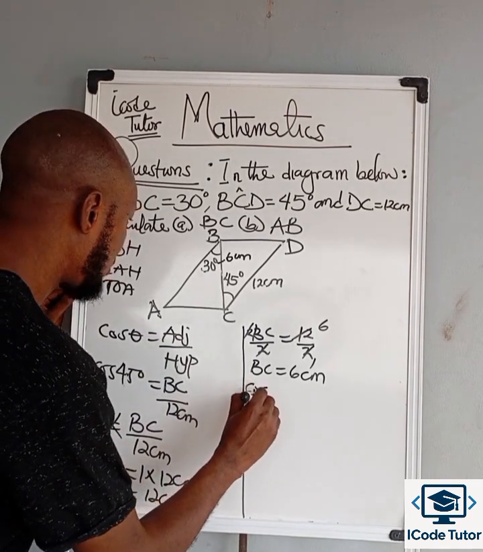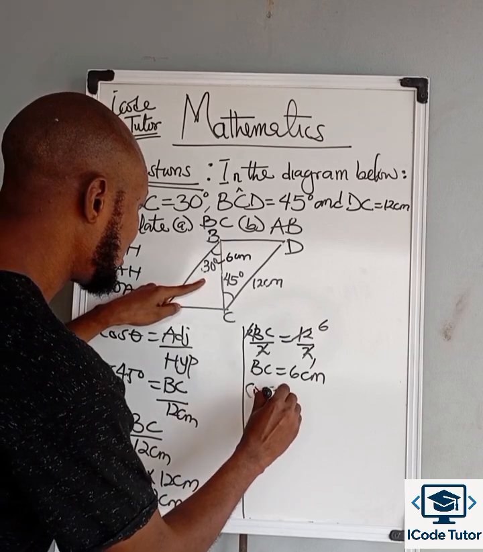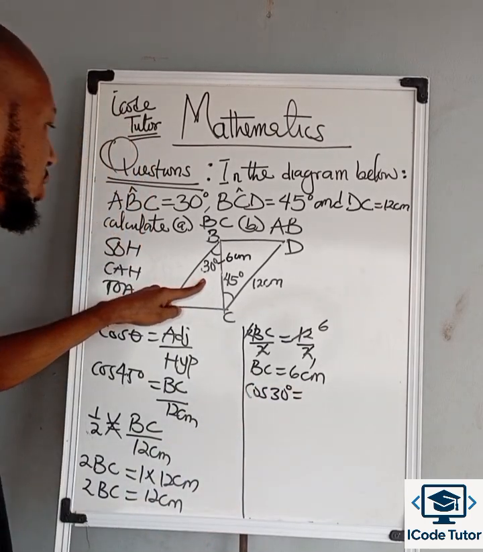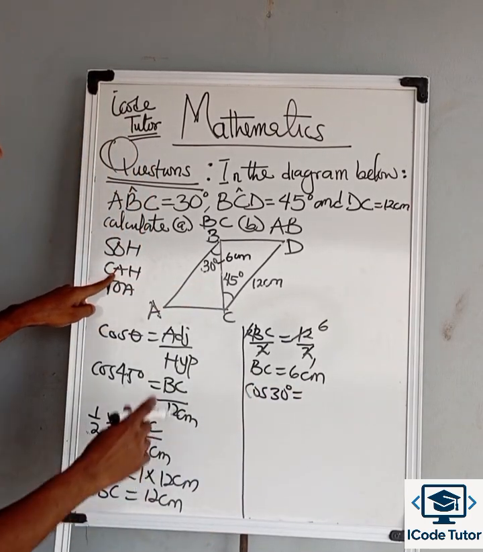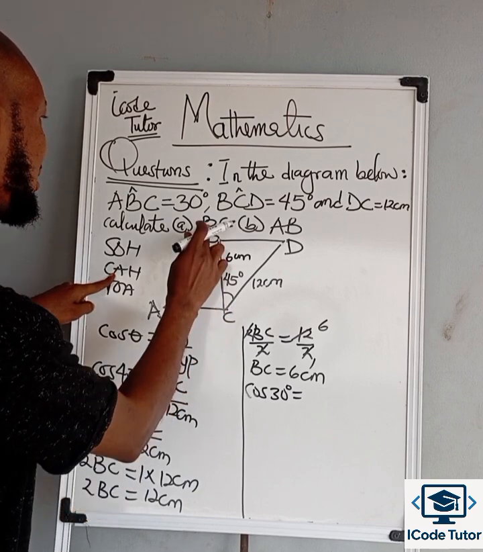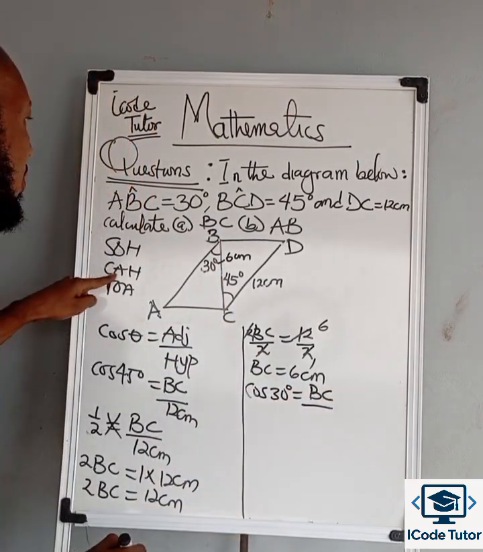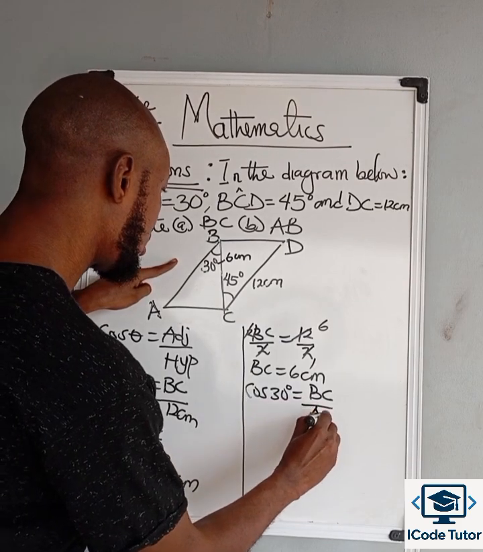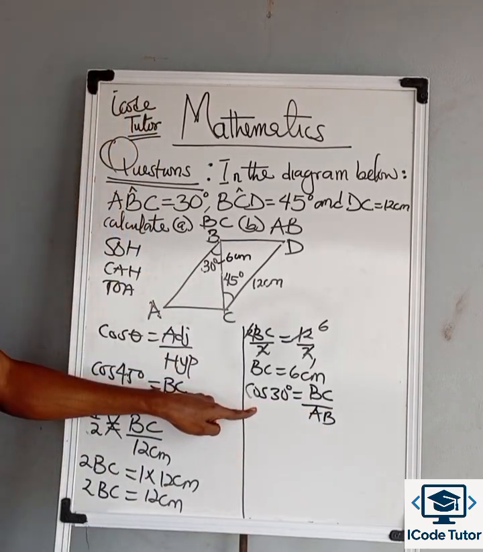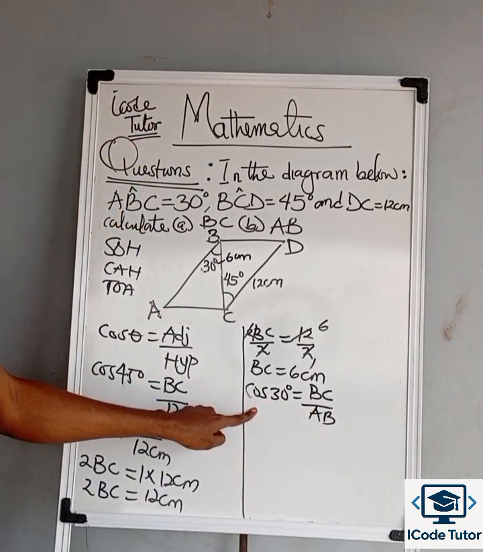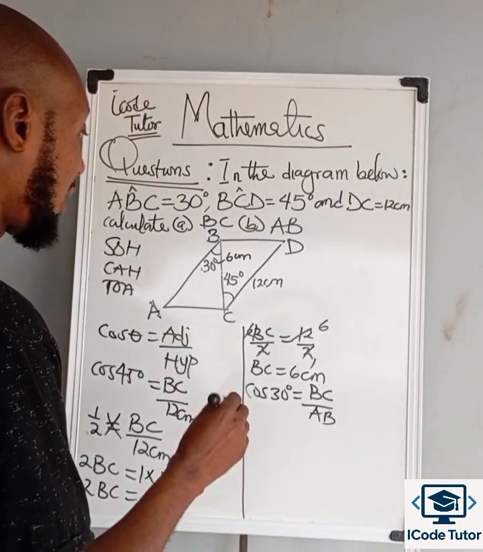That is cos 30 degrees equals adjacent divided by hypotenuse. Our adjacent here is BC, divided by hypotenuse, that is AB. From trigonometric ratio, cos 30 degrees equals root 3 over 2.